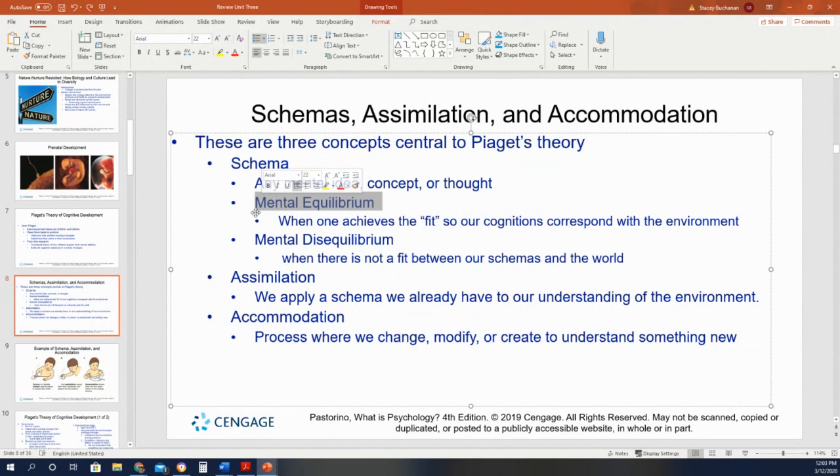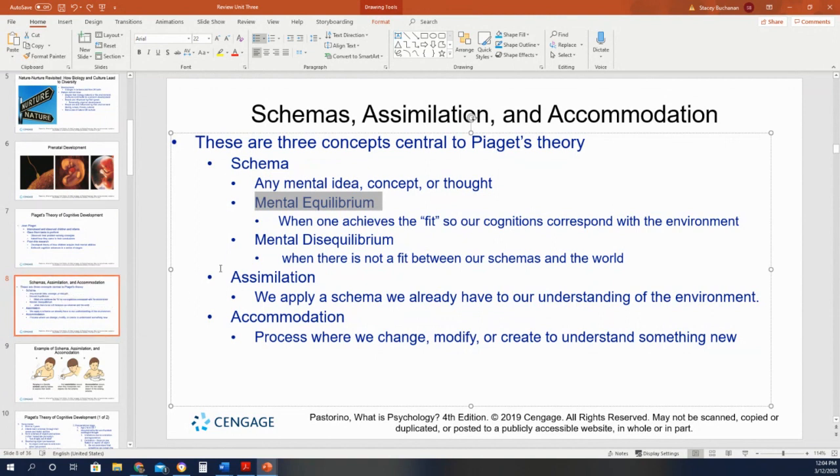Mental equilibrium, according to Piaget, is the idea that your schemas match your environment. Mental disequilibrium is the opposite of that. It's when your schemas do not match your environment.